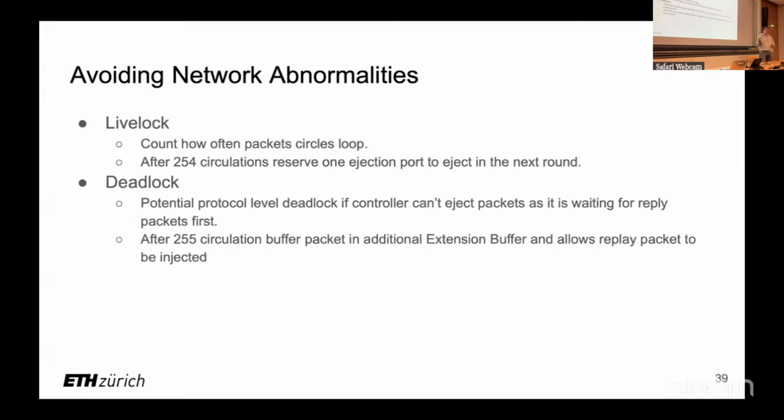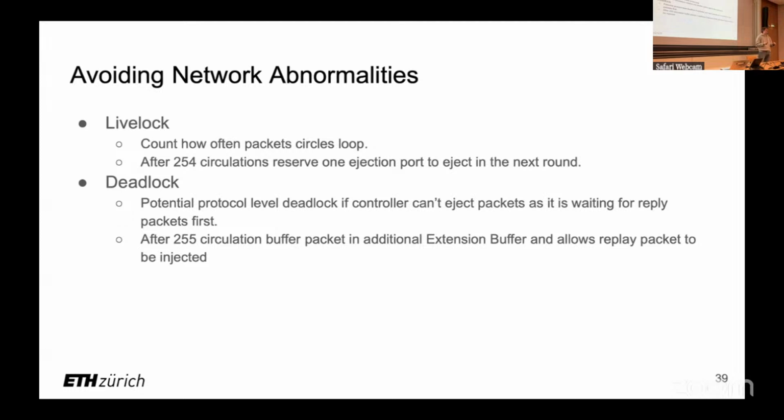How do they do it? They use the same counter they used for the livelock prevention. And if after 255 circulations you still cannot eject the packet that was meant for you, you will have a dedicated additional hardware buffer that you buffer one of the packets into that's currently on your rings. What does it mean?